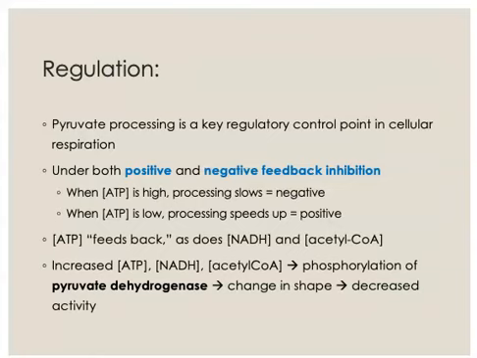Processing is tightly regulated. In fact, pyruvate processing is referred to as the key regulatory control point of cellular respiration. That enzyme, pyruvate dehydrogenase, is actually going to experience control both in a negative feedback mechanism and a positive feedback mechanism. In other words, when the concentration of ATP in the cell is high, when there's plenty of it around, the enzyme will be slowed down in its activity.